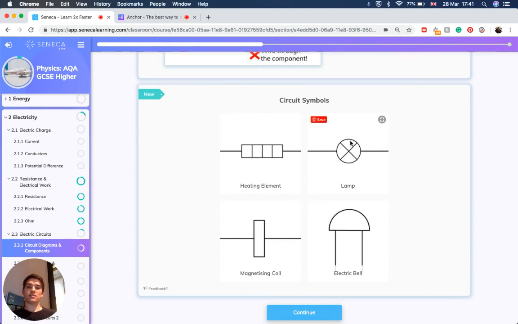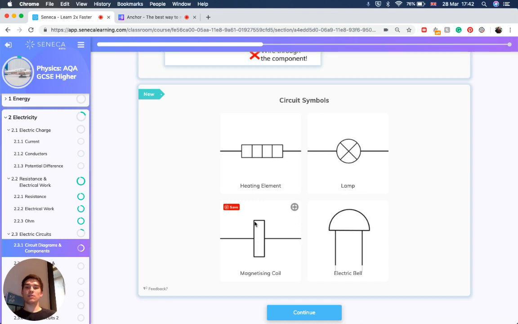Some other symbols you should know about: a circle with a cross in it is a lamp. An electric bell is like a semicircle with two lines going into the bottom of it. A magnetizing coil is a vertical rectangle with two wires going into it.